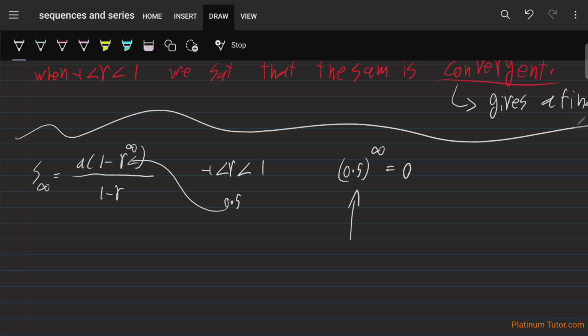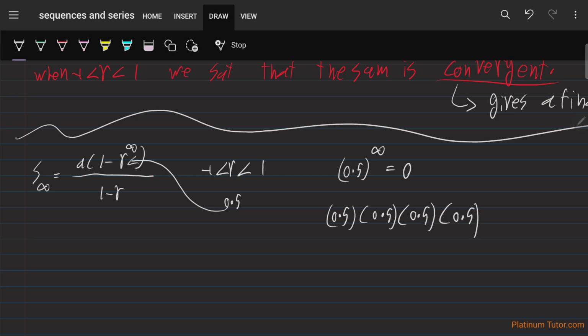For example, 0.9. What does it mean to raise this number to the power of infinity? It just means, actually, for an example, let's just stick to 0.5. To raise something to the power of infinity, it means you're multiplying it by itself infinitely many times, right? So you keep multiplying it by itself.